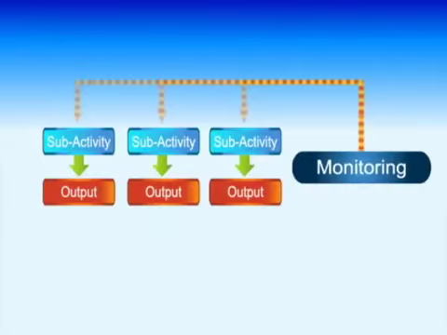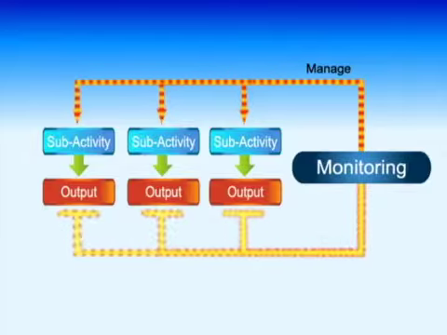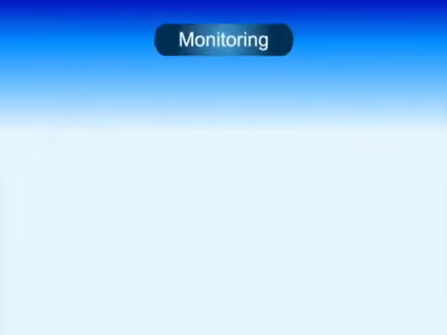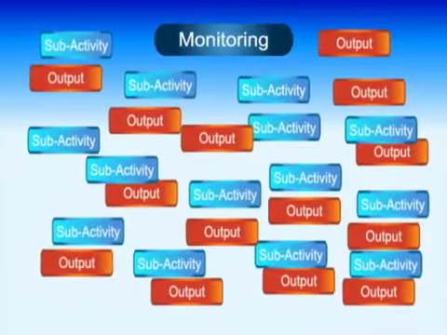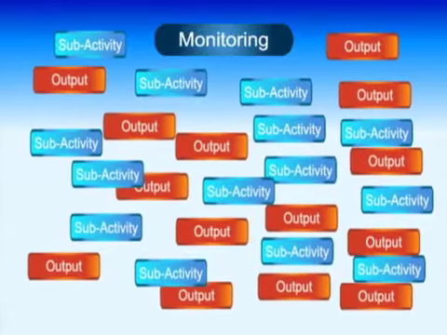The purposes of monitoring are to manage the progress of sub-activities and to check achievement level of the outputs. The scope of monitoring should cover various items and monitoring needs to be done periodically.